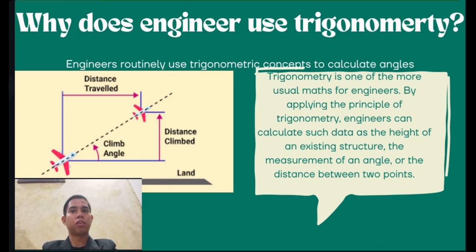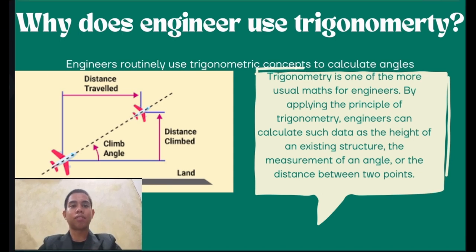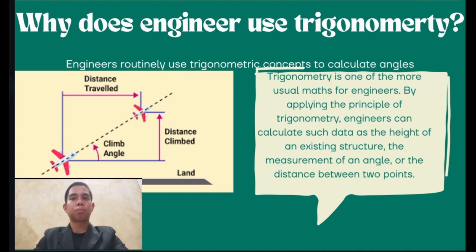Forgive my camera. They just want to know the climb angle and the distance climbed. Other than that, the engineers also use them to calculate the distance traveled by the plane over the climbing stage of the aeroplane.